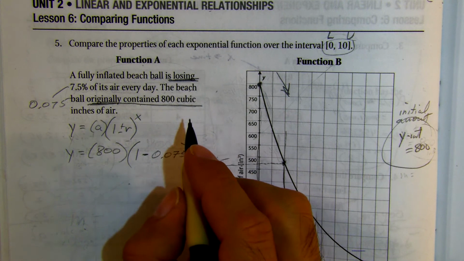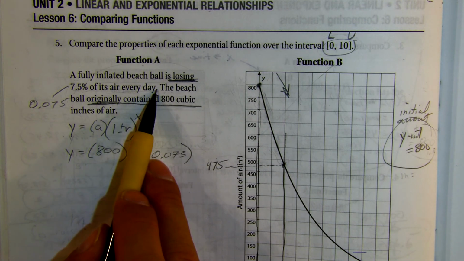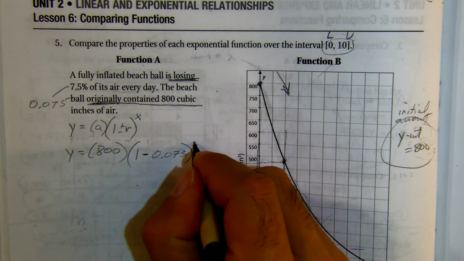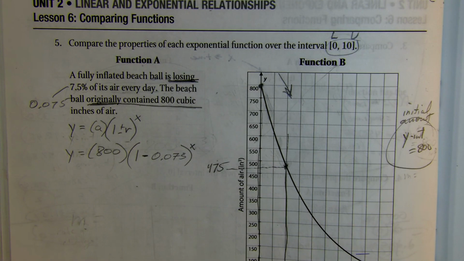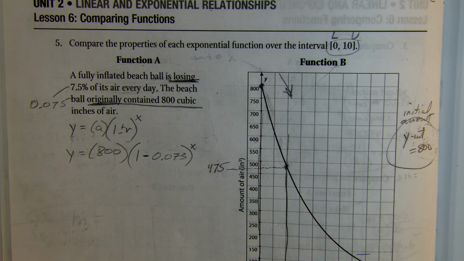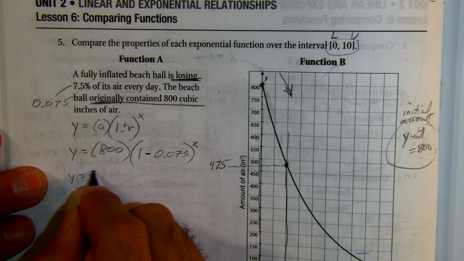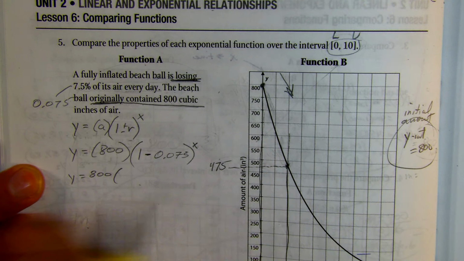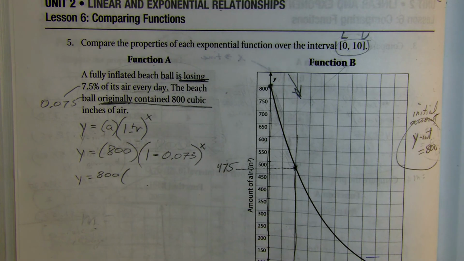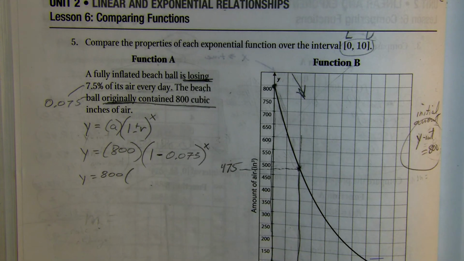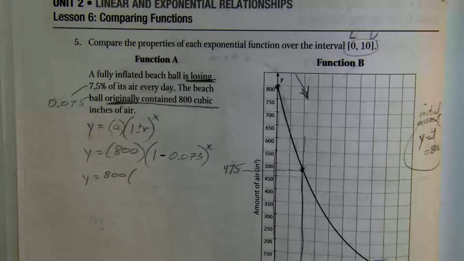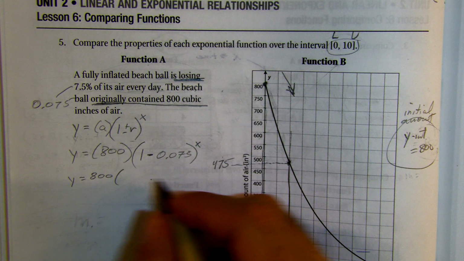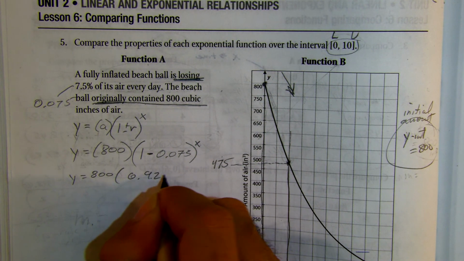Okay. And it's losing it every day. So at one day, it's had the entire decay already. Okay. So here we go. Let's go ahead and just simplify it one more step. That's going to be, what is that? 1 minus 0.075. 0.925.